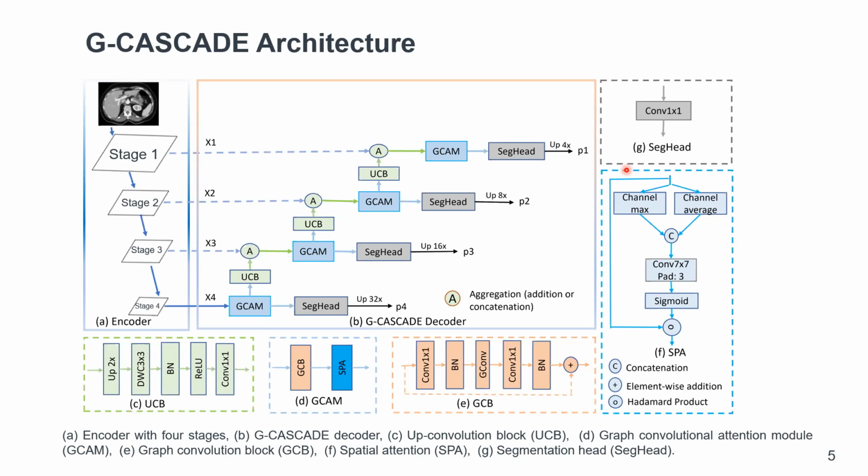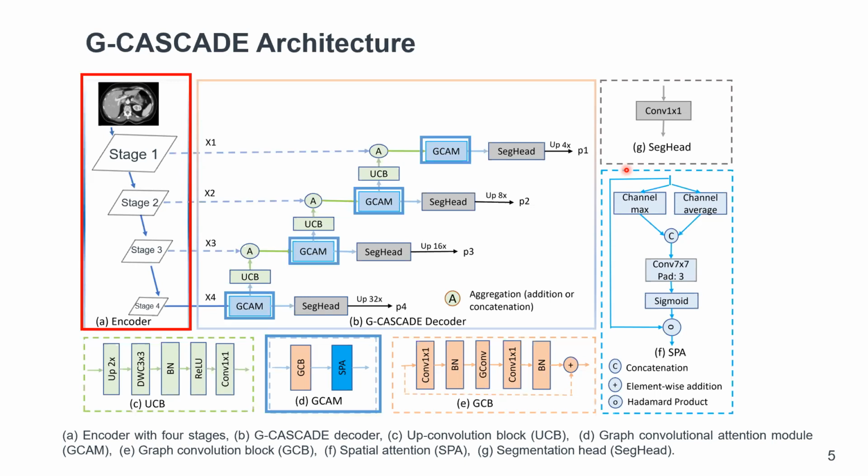Our decoder uses a graph convolutional attention module to process or refine the features, preserving the long-range information. Then we have 4 graph convolutional attention modules in our decoder for 4 stages. Each graph convolutional attention module contains a graph convolutional block and a spatial attention block to incorporate local information.